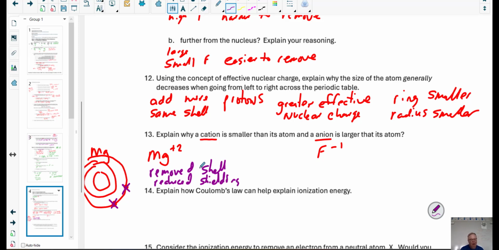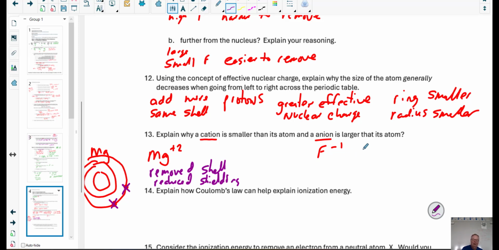So we remove that shell, making the radius smaller, and that's what makes it smaller, because we've reduced the shielding. The electrons in the center don't shield the nucleus as much because we don't have as many rings, so therefore we reduce the shielding, making that smaller.